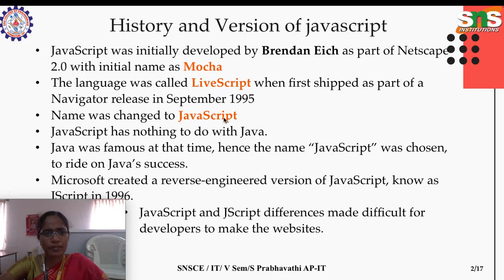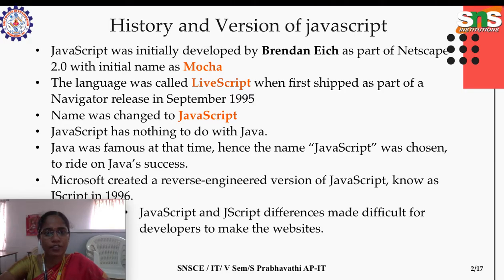So from the term itself you could relate JavaScript and Java. Java is a programming language, but this JavaScript has nothing to do with the Java programming language, though in 1995 Java was very popular, and of course today also.